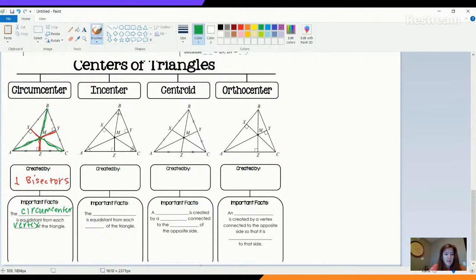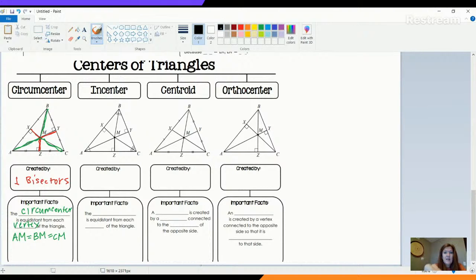So that's the important fact for the circumcenter. The other thing that I would like you to add on here that's going to help you out a little bit is that we're going to rewrite this. That means that A to M is equal to B to M is equal to C to M, right? That's just the same fancy way of saying that the circumcenter is equidistant from each vertex.